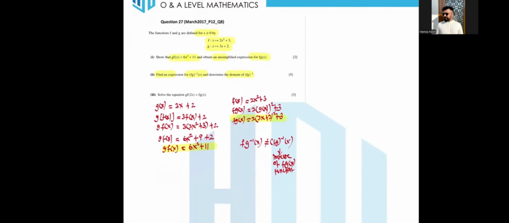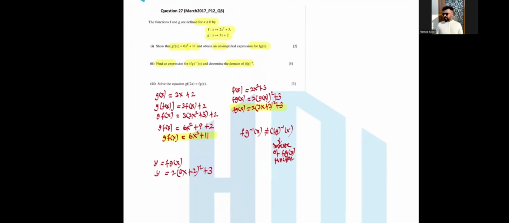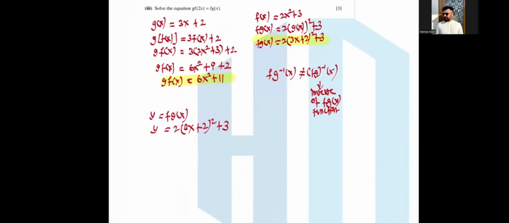First of all, we are going to equate f(g(x)) with y. So y = 2(3x + 2)² + 3. Now we need to make x the subject.